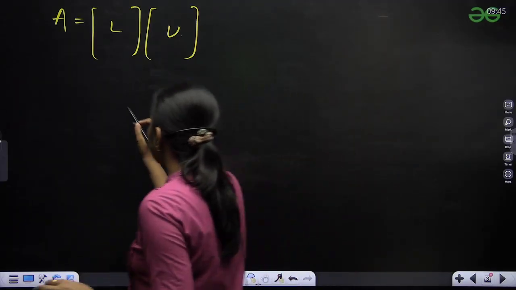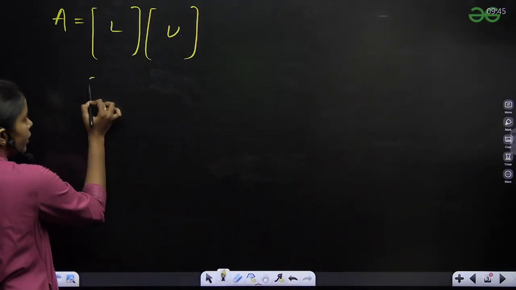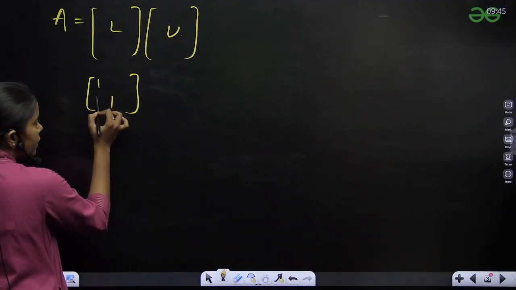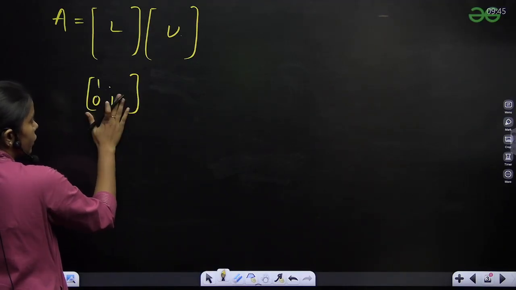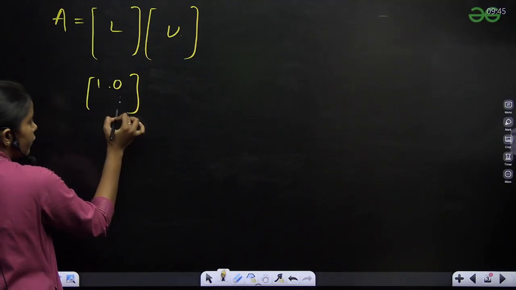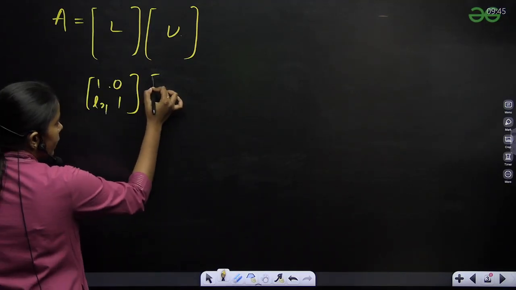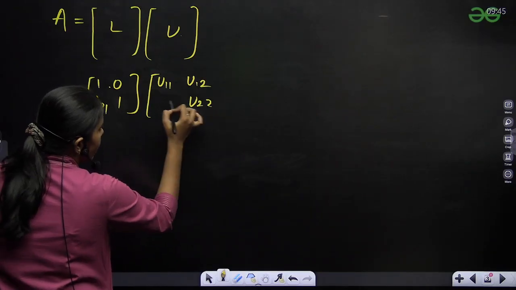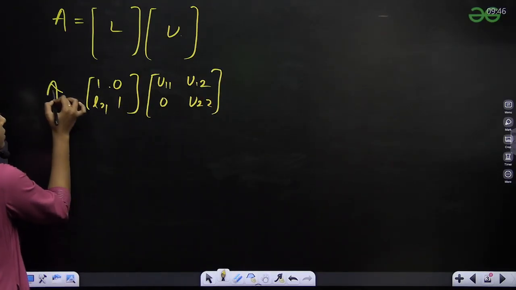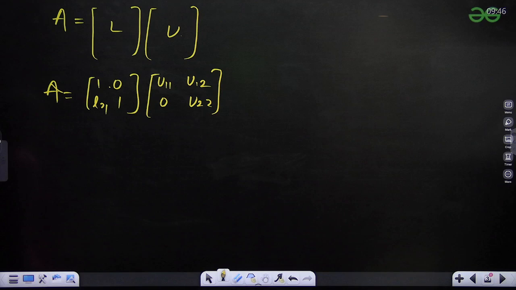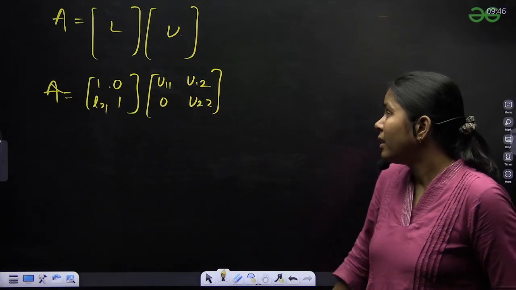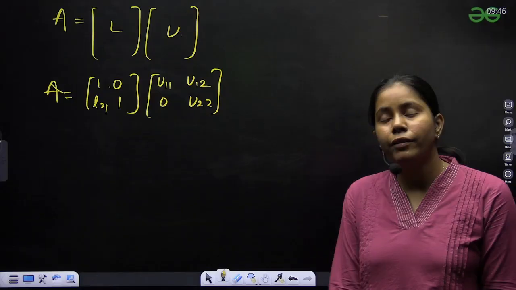Then we said that if I have a 2 cross 2 matrix, I can find the LU decomposition by writing L as 1, 0, L21, 1 and multiplying it with U as U11, U12, 0, U22. I multiply the matrices on the right-hand side and I am able to solve it. But for a 3 cross 3 matrix, I'll have a number of variables.